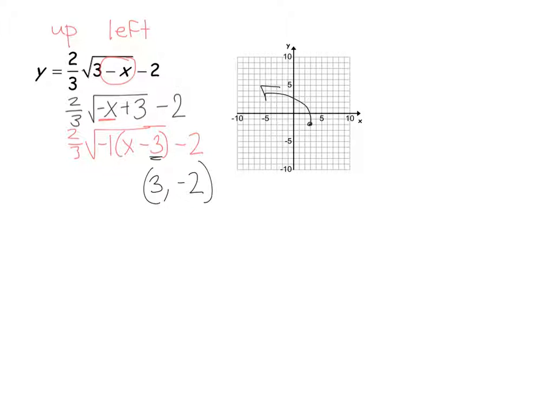So once we draw it, now we can do our domain and range. Remember, domain are the X values, range is the Y values. So the domain we do from left to right. And the range we'll look at from the bottom to the top.